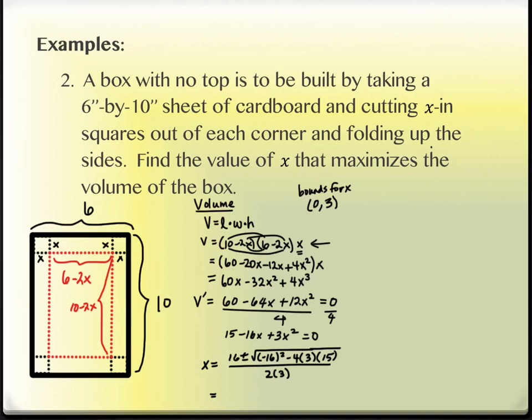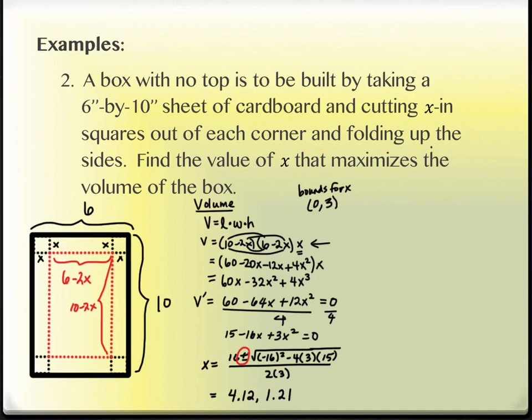So what answers do you guys get when you use the positive versus the negative in the equation? Positive is 4.119 and negative is 1.213. Okay, so I have 4.12 if I use 2 decimals, and I have 1.21.